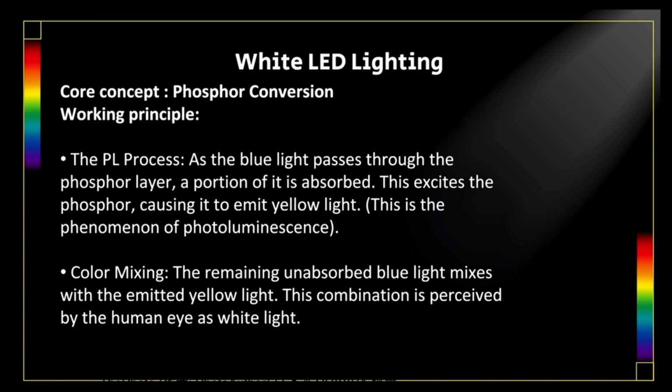And this is where the photoluminescence occurs. The yellow phosphor absorbs the energy from the blue light and converts it into yellow light. When the emitted yellow light mixes with the remaining blue light, our eye will perceive the combination as white light. This is the standard mechanism behind white LED.